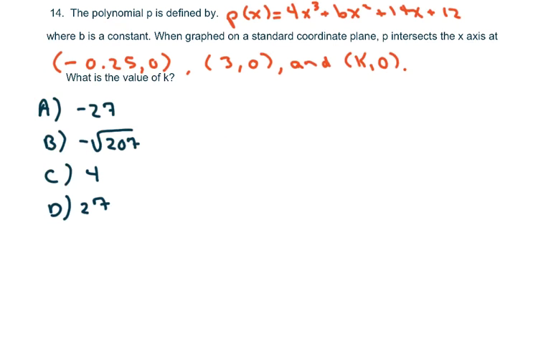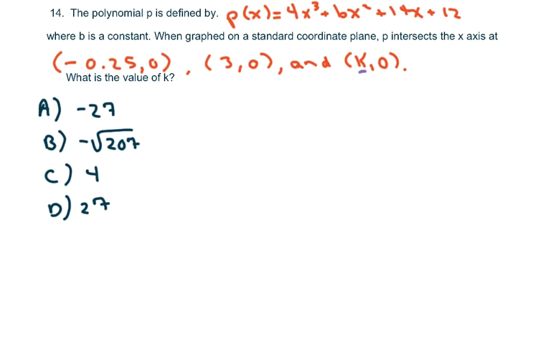Okay, the next one. This is 14. We have a polynomial defined by 4x cubed plus bx plus 41x, and we have 14x plus 12. Here are the points where P intersects the x-axis, and they want to know what the value of k is.